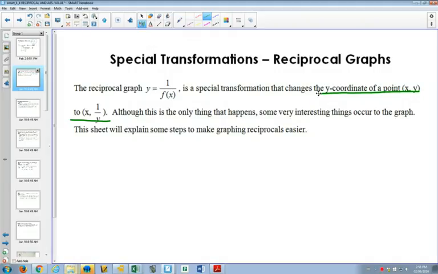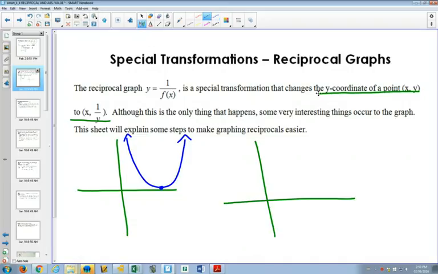But even though that's the simple idea and we could stop the lesson now and say, okay, go do your homework, that's what changes, there's a bunch of interesting things that happen when you change the y coordinate to 1 over y. What's also interesting is that last semester, you took this parabola, and when you did 1 over f of x, I think you called this one the volcano, right?